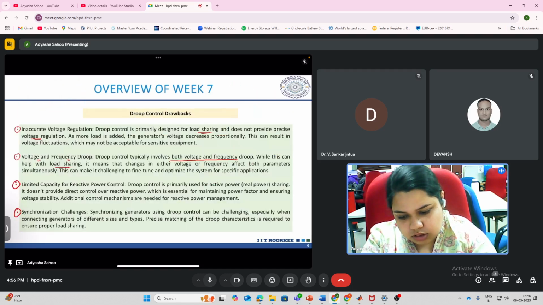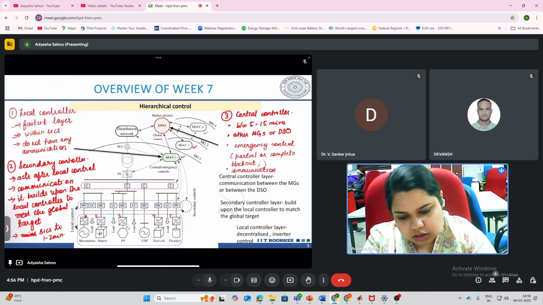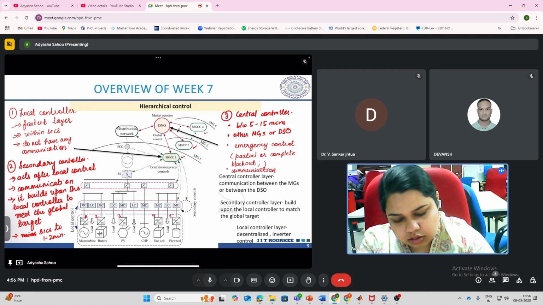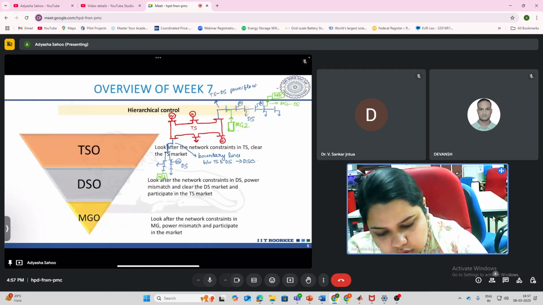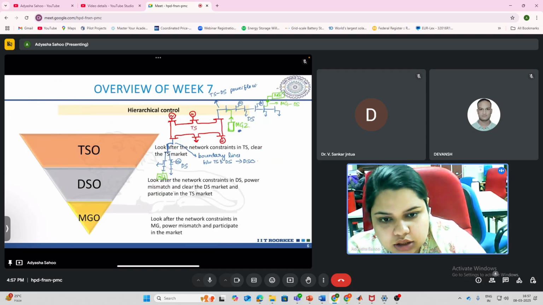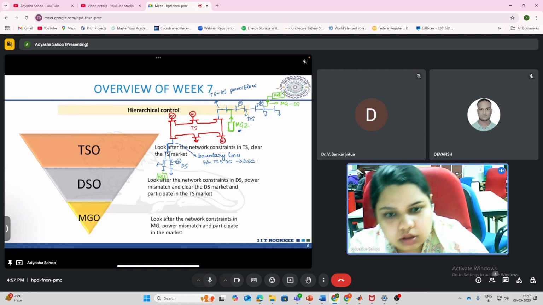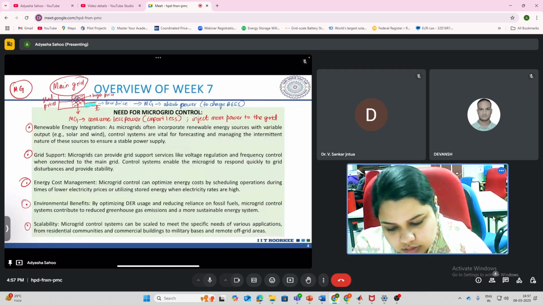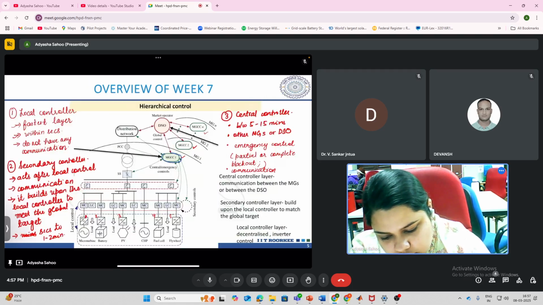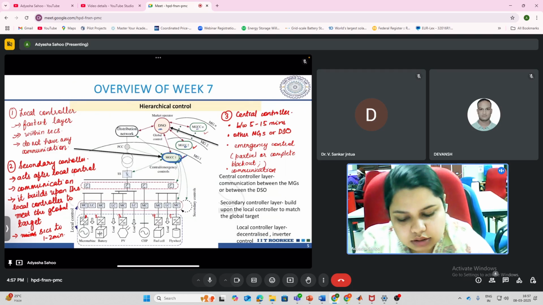So if you see here, this microgrid MG2 can either take help from MG1 or MG3, or it can take help from the distribution system. Here you see this MGCC1. Through the central controller, it can communicate with the DNO or the other microgrids. For that, you need the central controller.